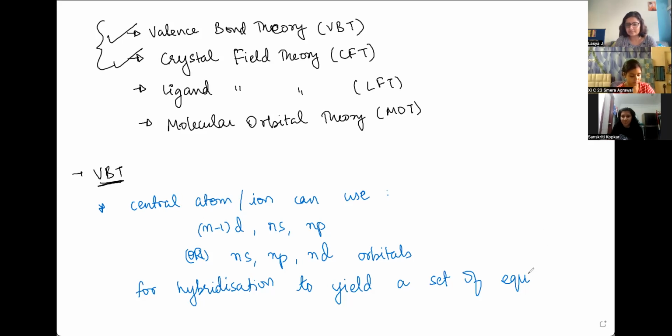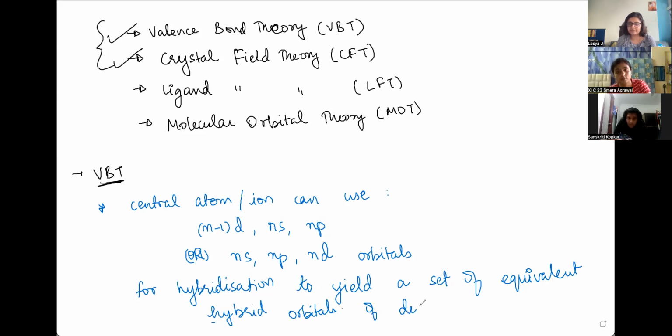So they yield a set of equivalent hybrid orbitals. These hybrid orbitals participate in bonding of definite geometry. This is where your tetrahedral, square planar, and octahedral geometries come from.